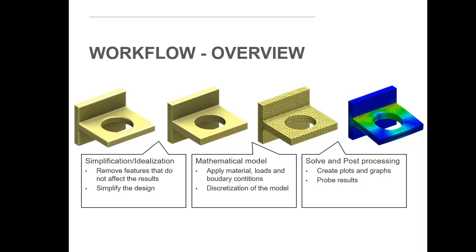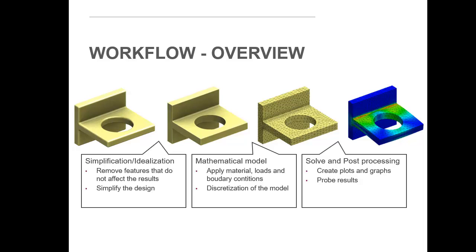We assume here that we already have a CAD model of our design. But most CAD models are too detailed and usually have a lot of small fillets and other features that take a lot of unnecessary time to mesh and solve. So to save time, we simplify the model and remove small details and features that don't affect the results in any significant way.